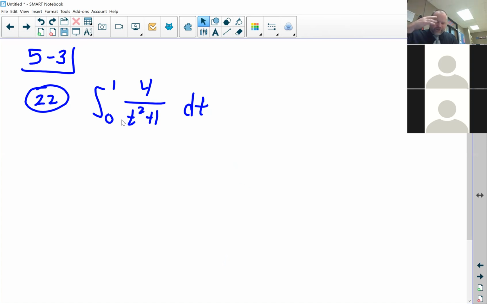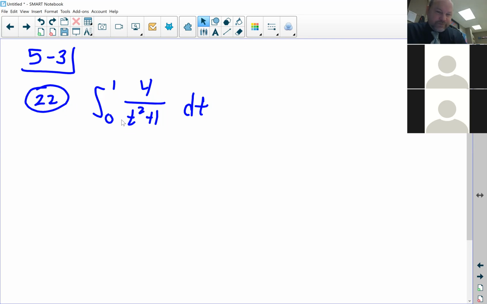If you think about what functions create fractions when you take their derivatives, there are 4 that we talked about: natural logs, and then the inverse cosine, sine, and tangent. So anytime I see a situation where my integrand has variables only in the denominator, I'm pretty sure that I'm going to have one of those 4 functions as my integral.